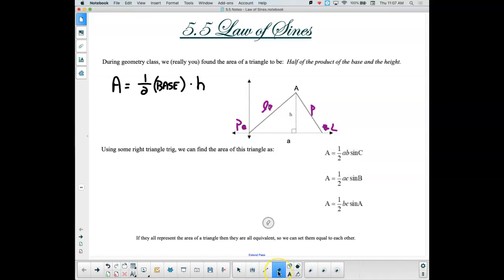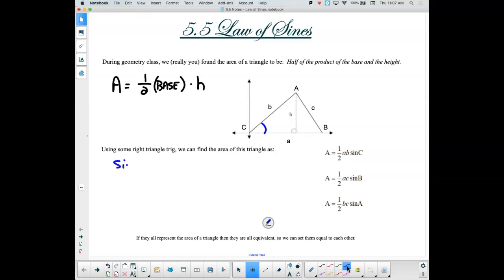Okay? So however you want. Now, let's hunker down here on angle C, and I want to find the area of this triangle.